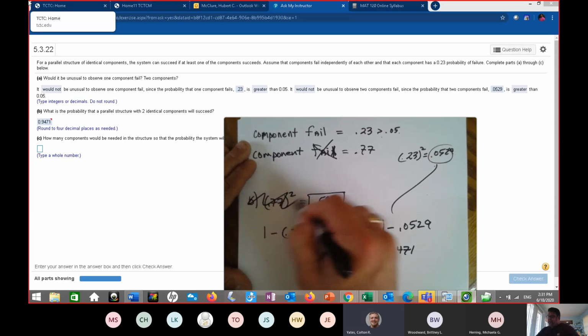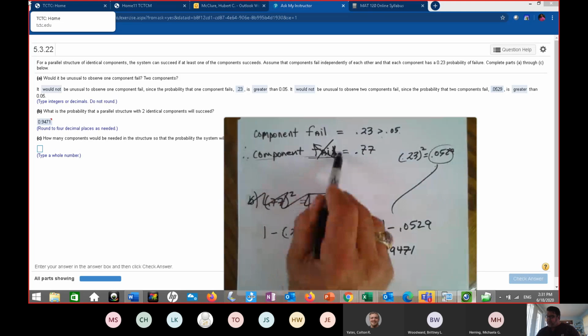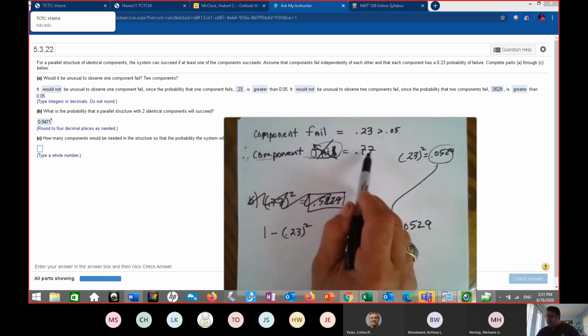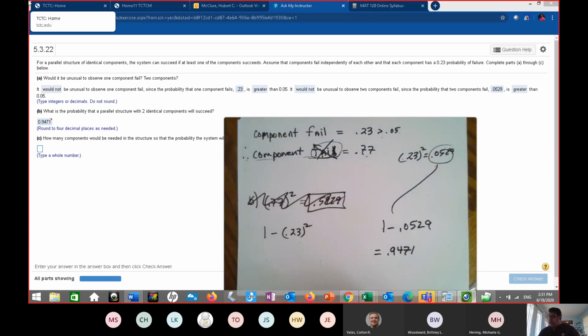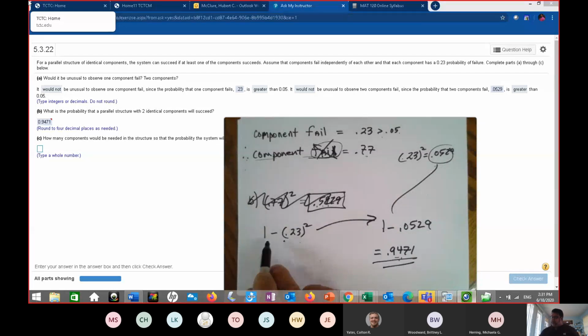I was thinking the 0.77 because that's not failing, and raise that to the second power, which it's not. It's this. So you can either do it this way or this way.